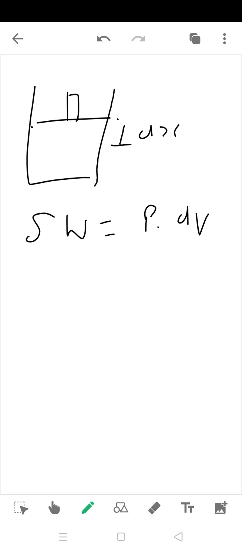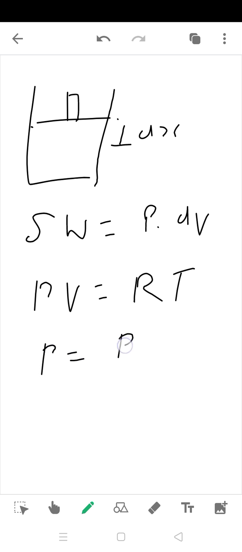As the process is isothermal, the temperature will remain constant. We have the ideal gas equation PV = RT. From here we will calculate the value of P in terms of temperature and volume and put this value here.